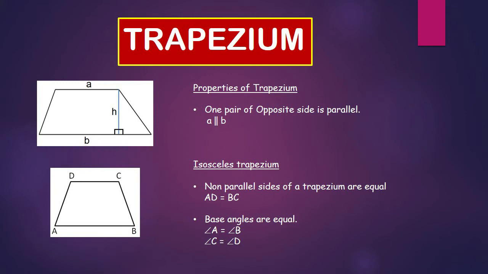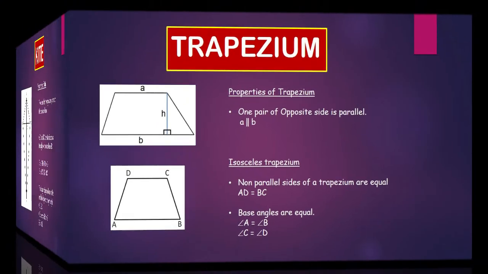Now in the second figure, AB is parallel to CD, so it becomes trapezium. AD and BC are non-parallel sides and these non-parallel sides are equal, that is BC is equal to AD, so this becomes isosceles trapezium. In isosceles trapezium, base angles are equal. This means angle A is equal to angle B and angle C is equal to angle D.